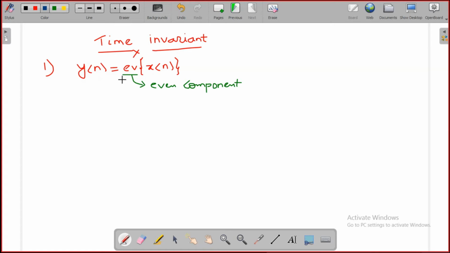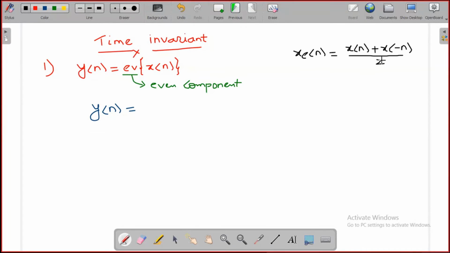Firstly, the given system is y of n. What is the even component of the signal? xe of n is equal to x of n plus x of minus n divided by 2.